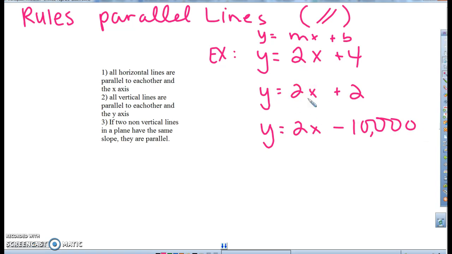But as long as it has that 2 where the m is supposed to be, we know that it has the same slope and that it will be parallel. So go ahead and give me a line that is parallel to my original line, 2x plus 4. Okay, so give me a line that is parallel to that line.